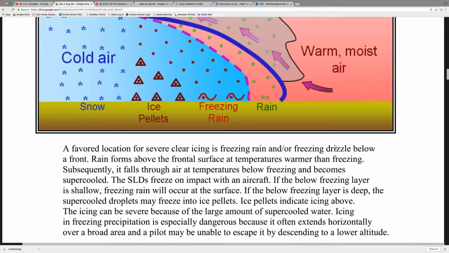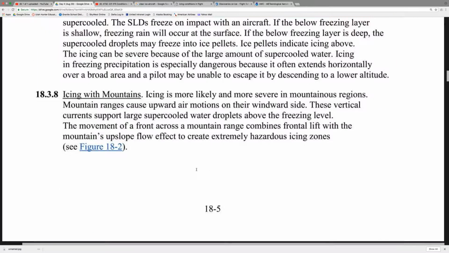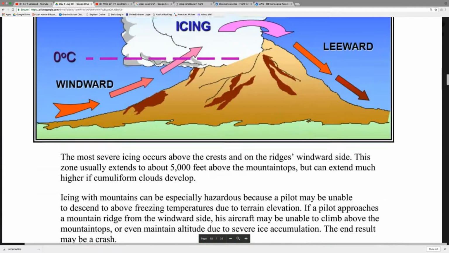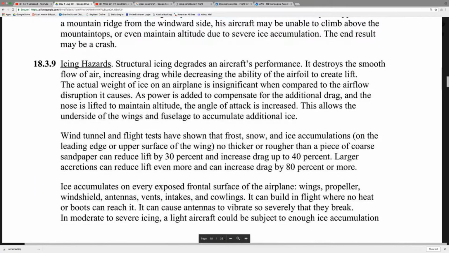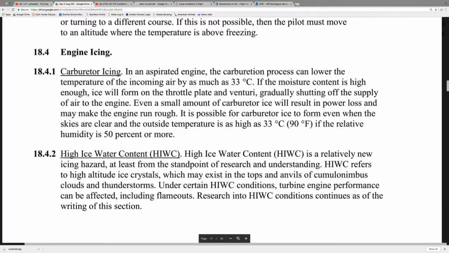He's like, we just kept doing this wave of climbing and descent due to icing, and we couldn't climb through the layer because they didn't have the anti-icing equipment on their plane. Kind of crazy. So the important thing for you guys to remember is that icing can happen anywhere and everywhere.